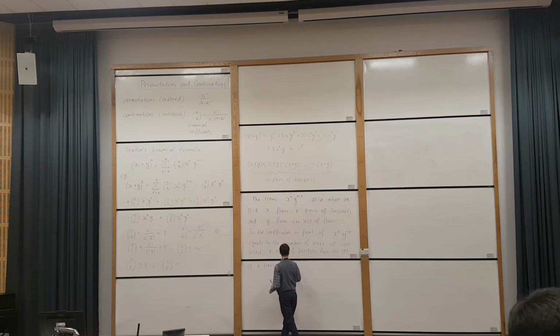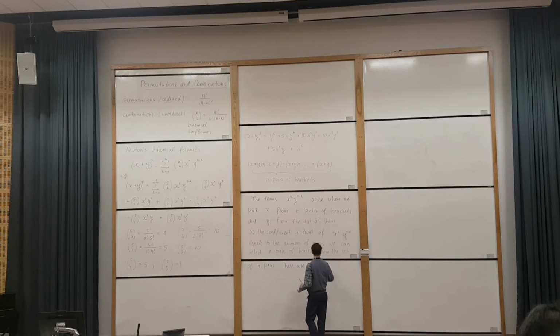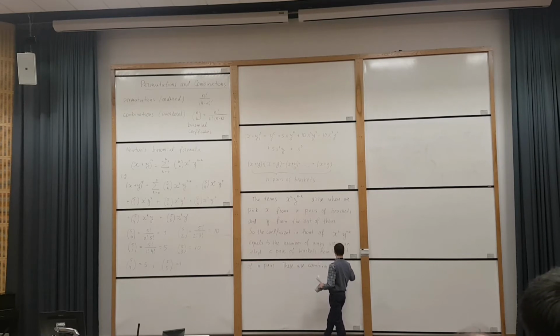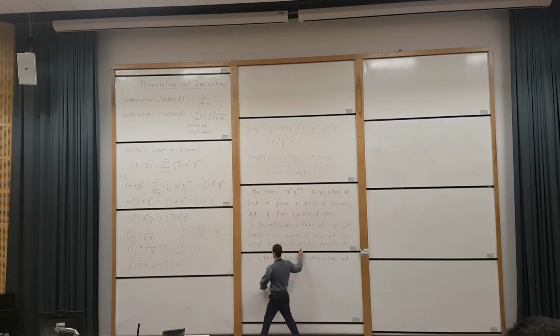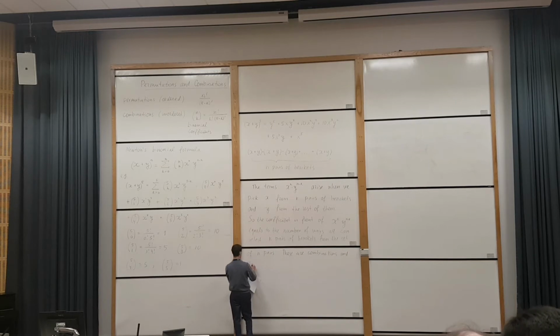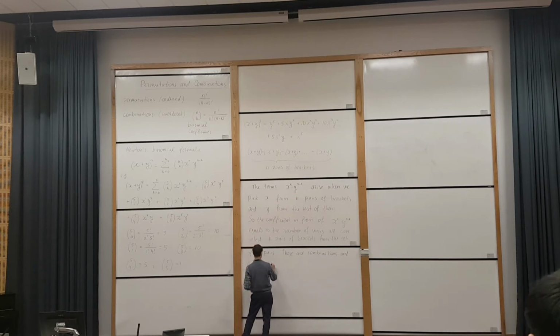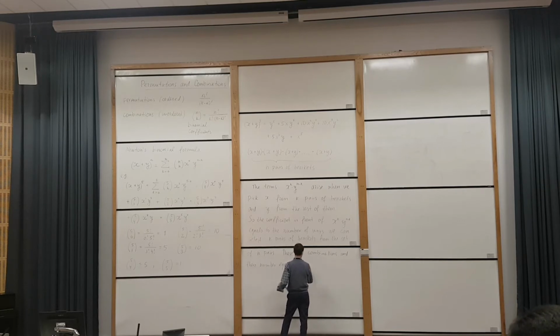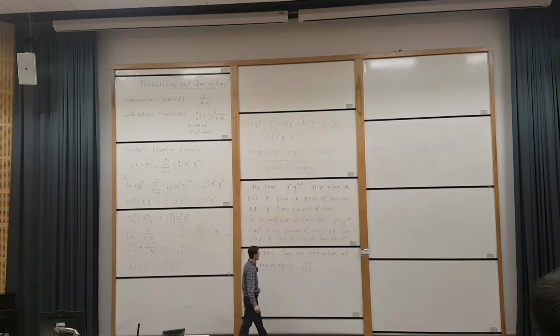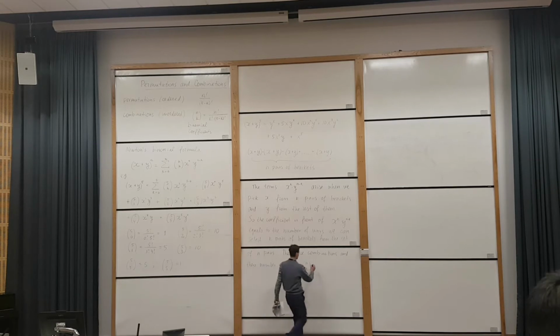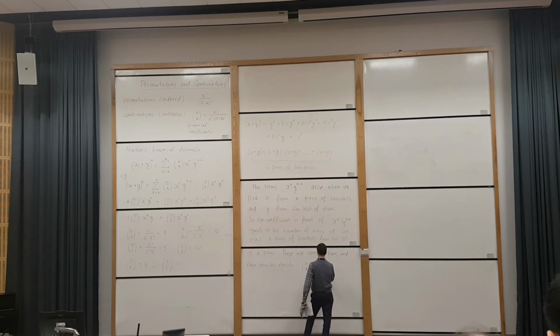So these are combinations, and their number equals the binomial coefficient, right? n factorial over k factorial times n minus k factorial.